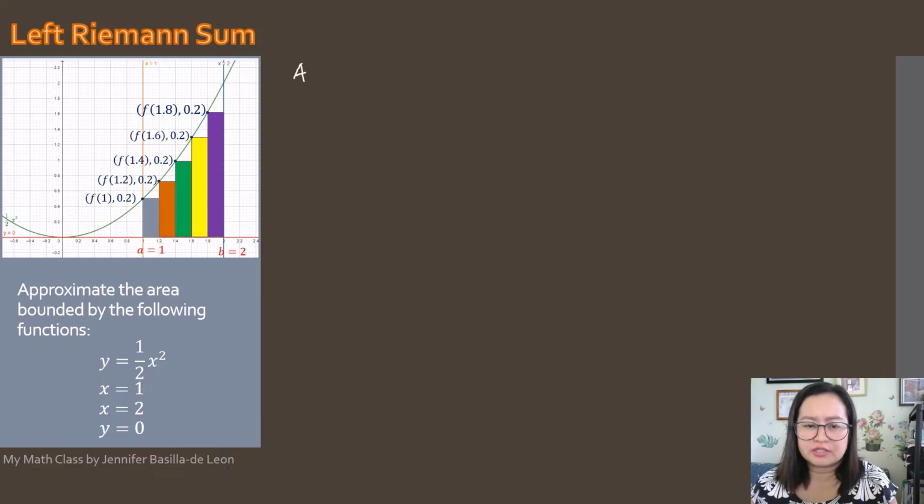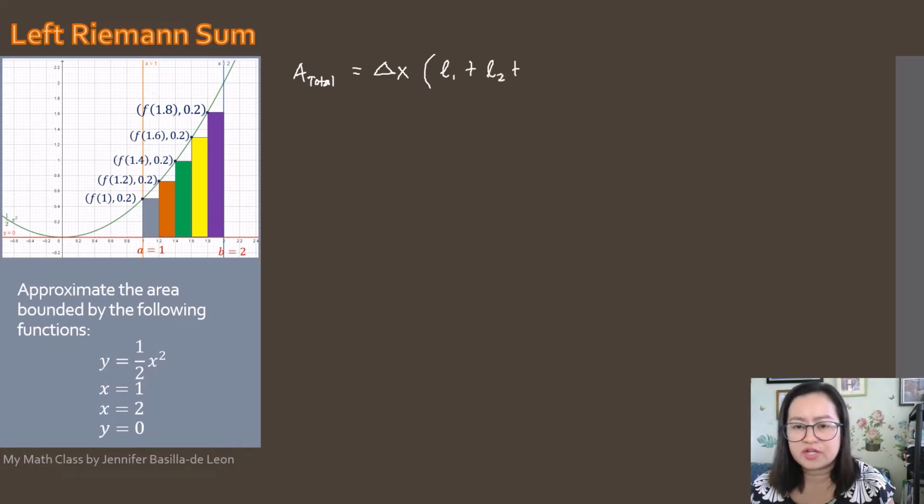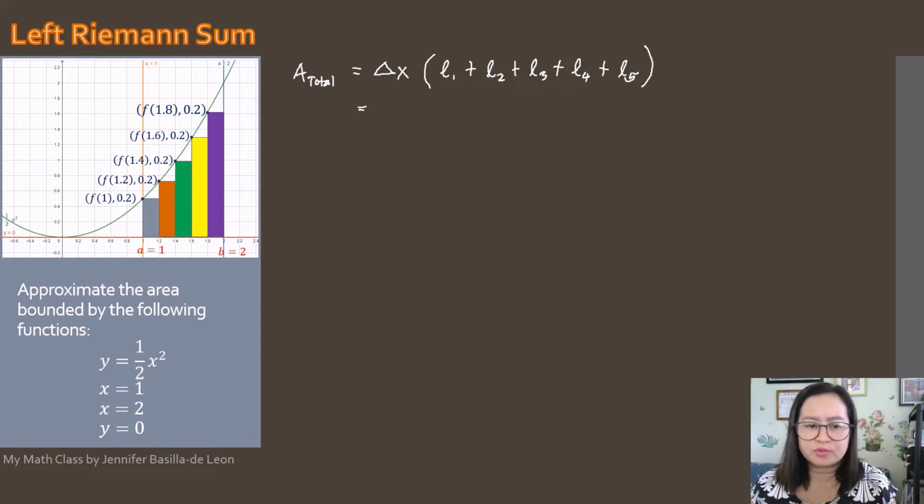To get the total area, we can use delta x times the length of the first rectangle plus the length of the second rectangle, the length of the third rectangle, plus the length of the fourth rectangle, and then the length of the fifth rectangle. So replacing the variables, delta x is 2/10.